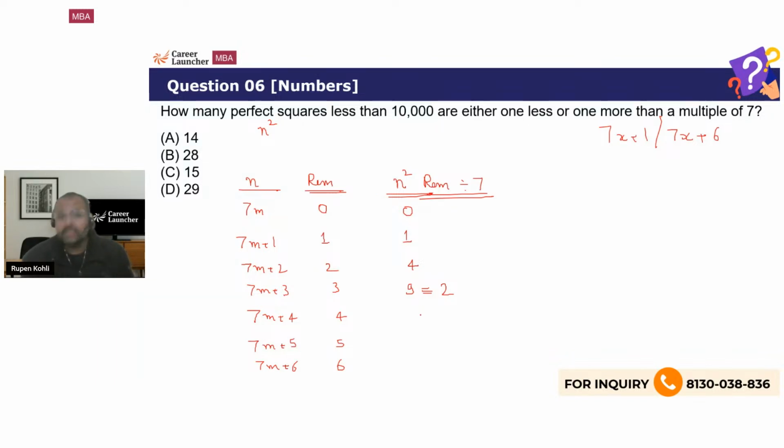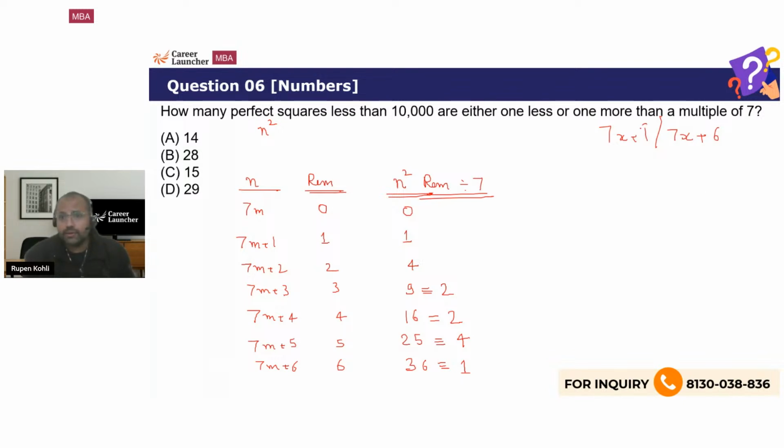It's not magic, that is the rule, that is the concept. Likewise 4 square is 16, 16 divided by 7 gives a remainder of 2. 5 square is 25, 25 divided by 7 gives a remainder of 4, since 21 plus 4. 6 square is 36, 36 divided by 7 gives a remainder of 1, 36 is 35 plus 1, 35 is a multiple of 7.